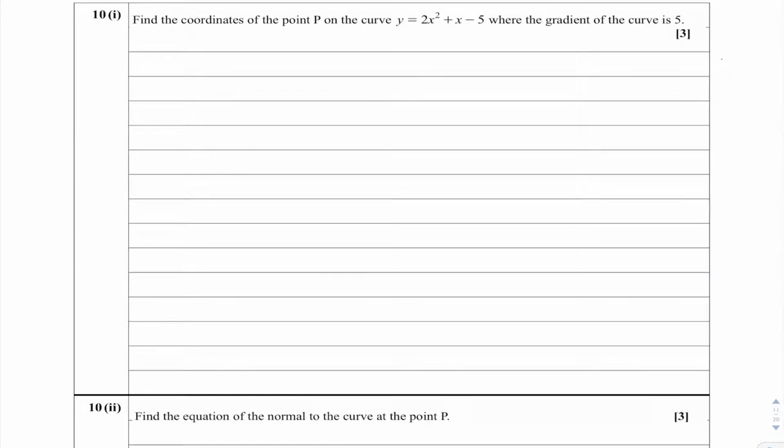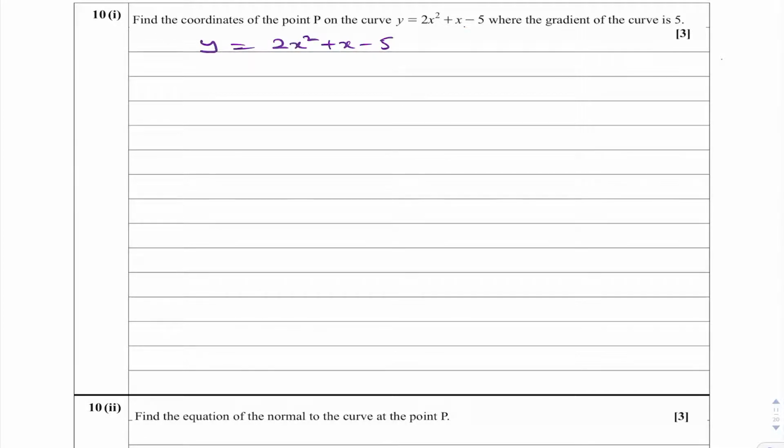Question 10.1. Find the coordinate of the point P on the curve y equals 2x squared plus x minus 5, where the gradient of the curve is 5. So we've got the function 2x squared plus x minus 5. I'm going to write this so that I'm ready for differentiating, because I need to find the gradient, and the gradient is differentiation.